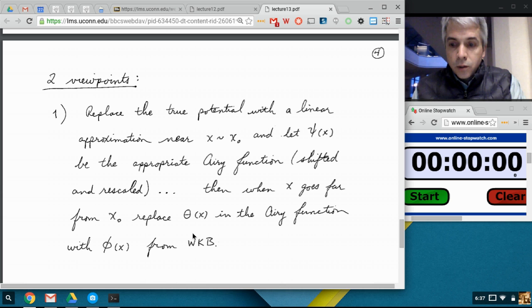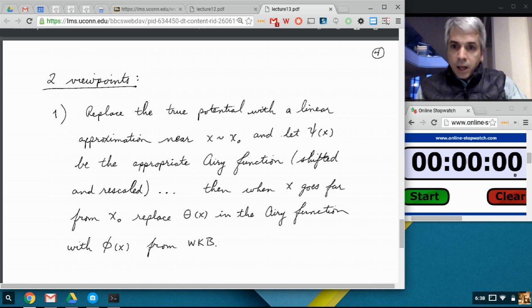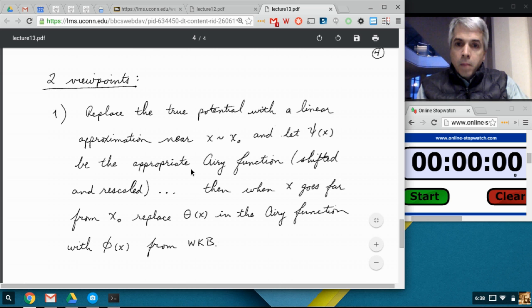You take the Airy solution, you just write it down, but then you reinterpret the theta of z, not as simply z to the 3/2 times 2/3, but replace it with a WKB phase that contains the actual facts about the dependence of V on X away from the classical turning point. And that is certainly valid, and it exploits the fact that the Airy function continues into a WKB shape.